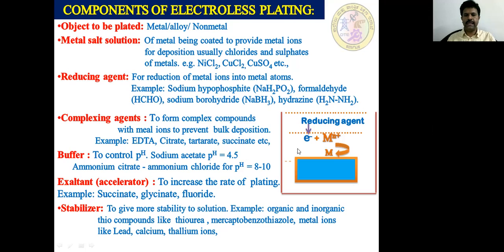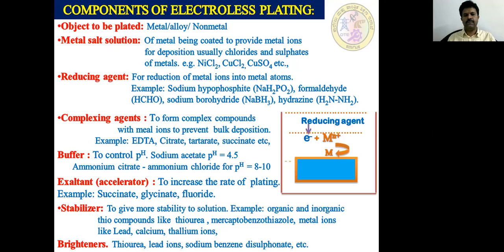That decomposition is prevented by stabilizers. For example, organic and inorganic thio compounds like thiourea, mercaptobenzothiazole, and metal ions like lead, calcium, thallium ions, etc. So the role of a stabilizer is to prevent the decomposition that may occur due to homogeneous reactions taking place during the plating.